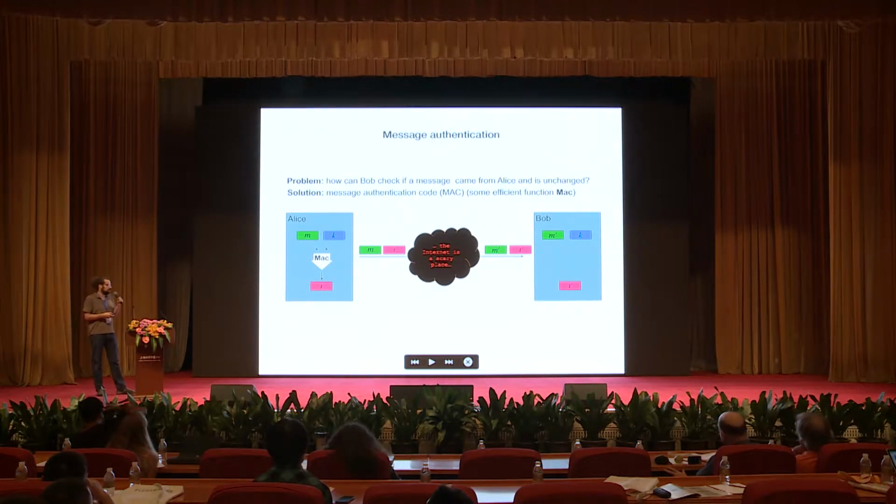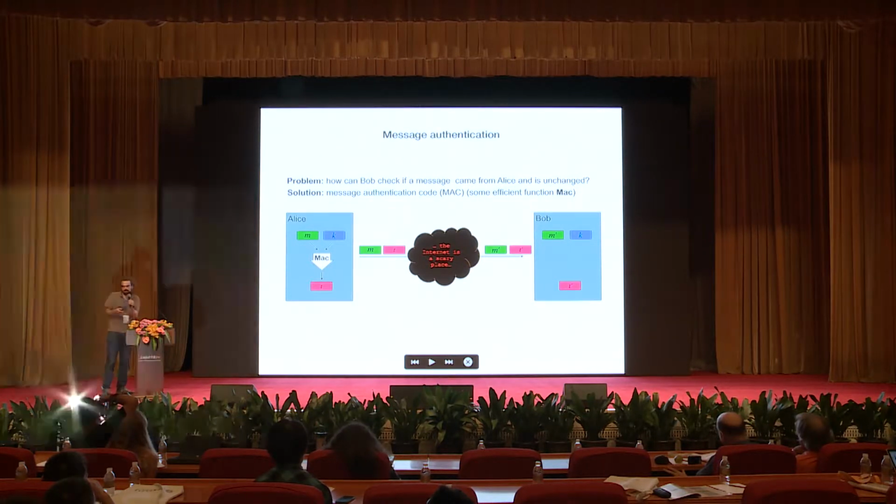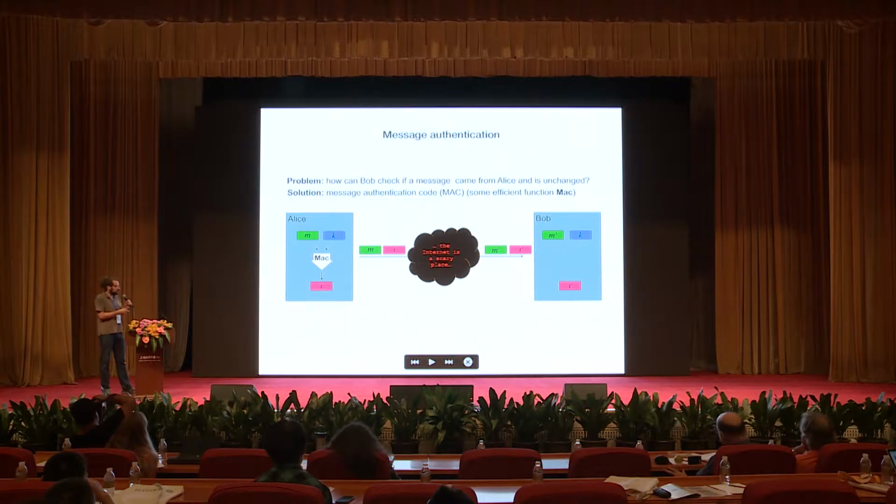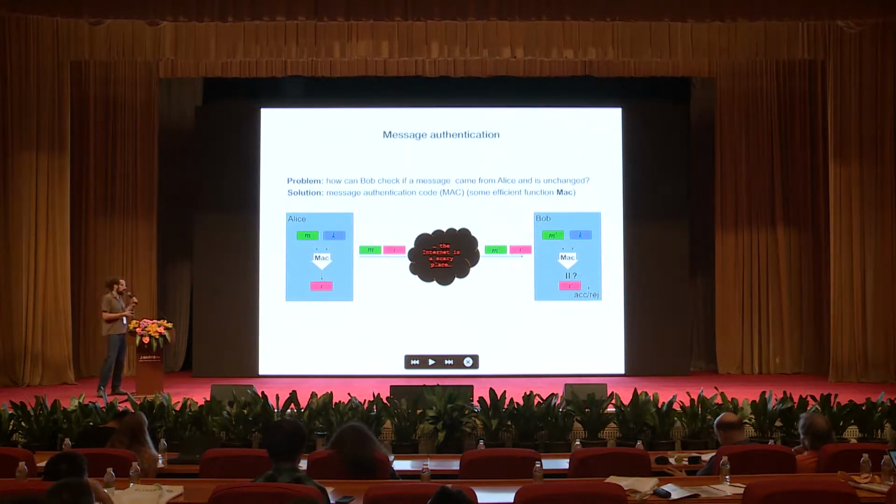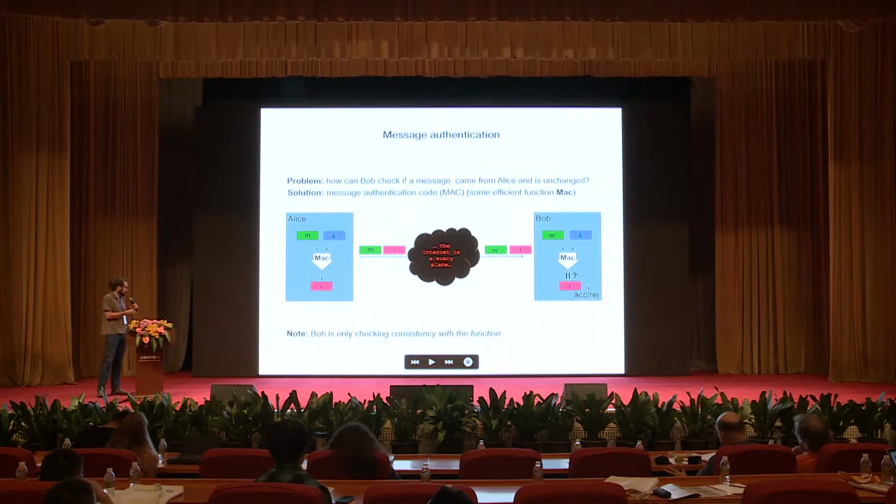In the end, it might be changed or might not be changed, but Bob can now take whatever he has received and recalculate the function MAC and check whether this is consistent with the tag he has received. So that's basically what Bob does: he just checks consistency with the function MAC.